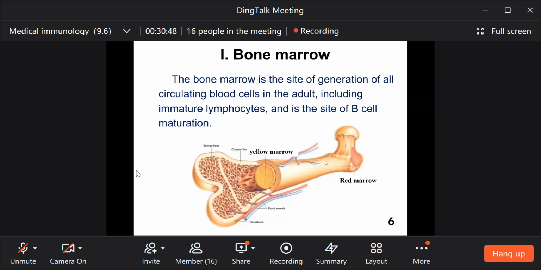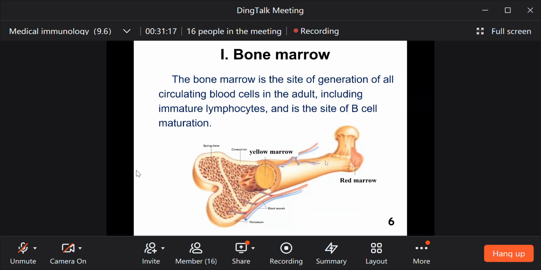What is the meaning? The red marrow has the normal function for immune response, such as producing all kinds of cells, but the yellow marrow lost the function of that.